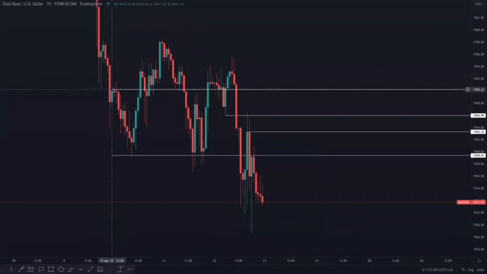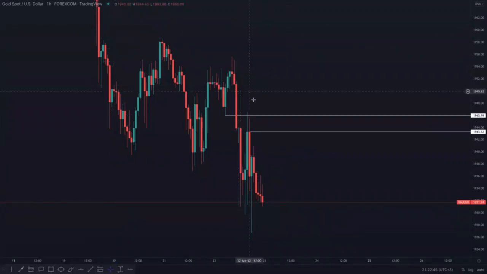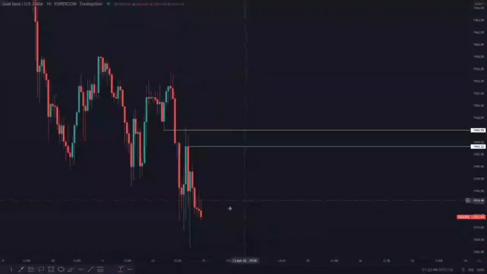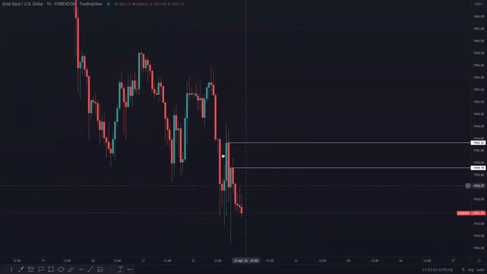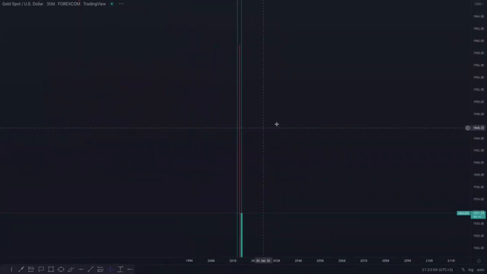Yes, I get it. Okay. So we are going to delete these lines since we are not anticipating that place anymore. So we have this structure retest and this other structure right here. We're going to delete this line. So these are the two anticipations we have. We are going to drop to the 30 minutes.